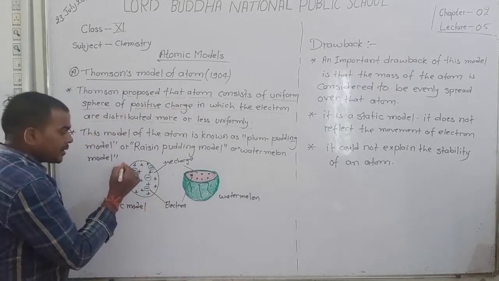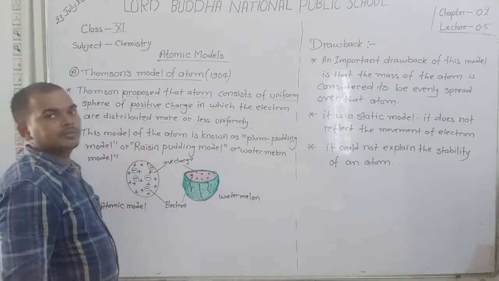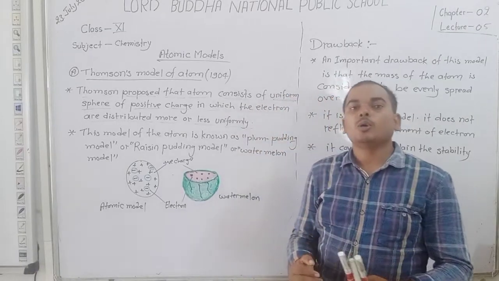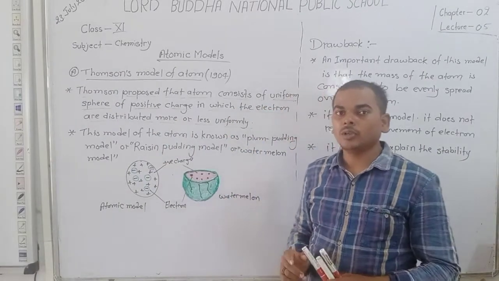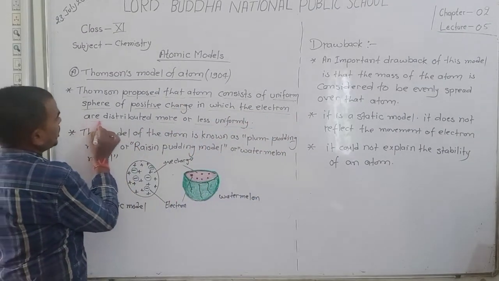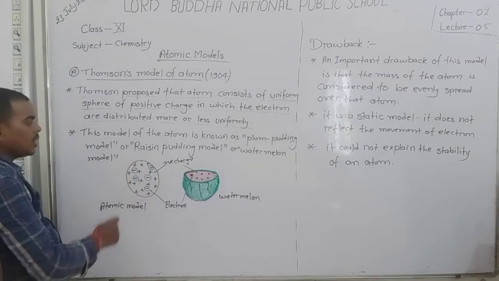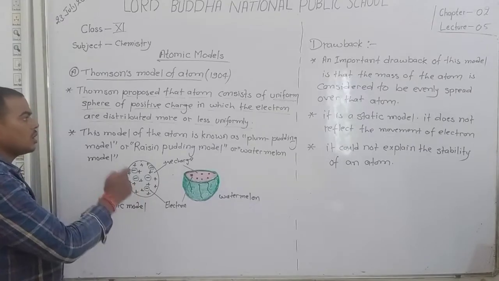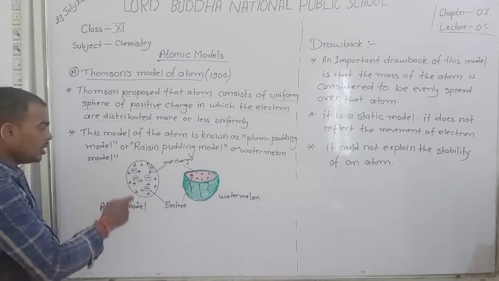It means the atom is like a sphere in which positive charge is uniformly distributed, and in which electrons are distributed more or less uniformly in the positive charge.